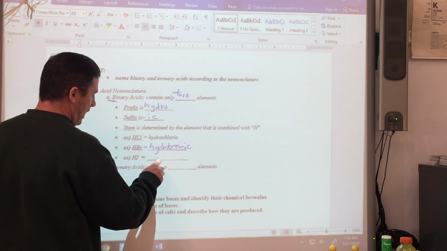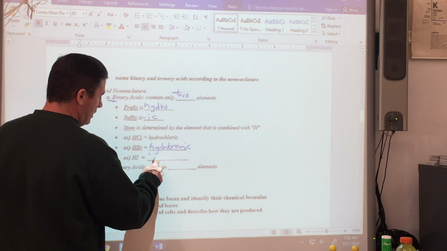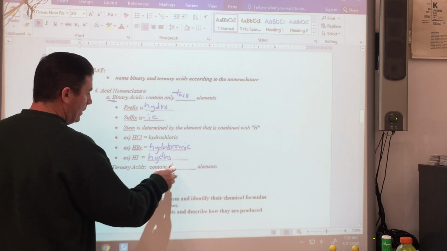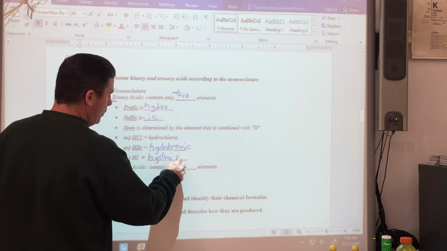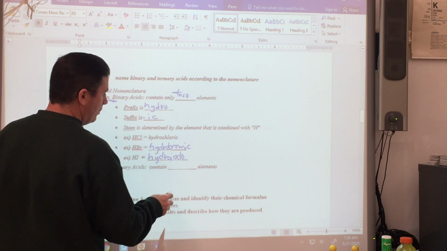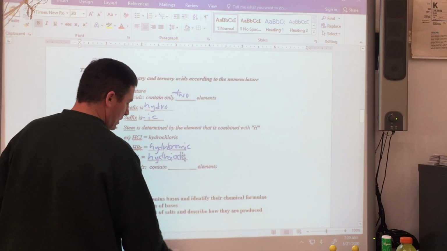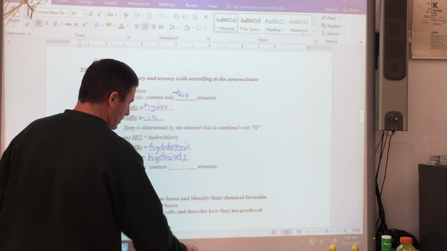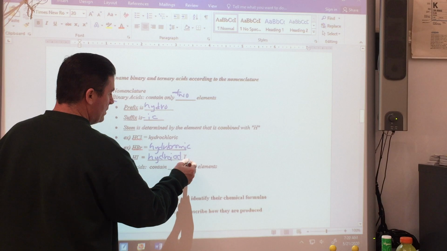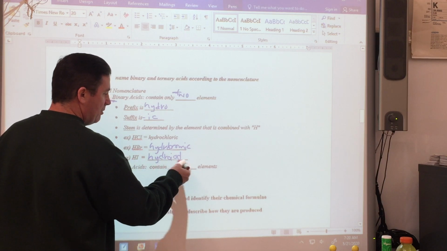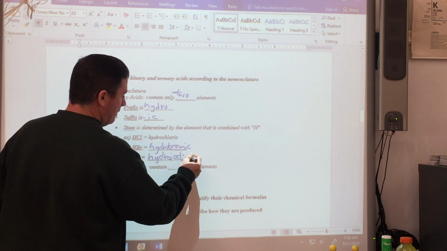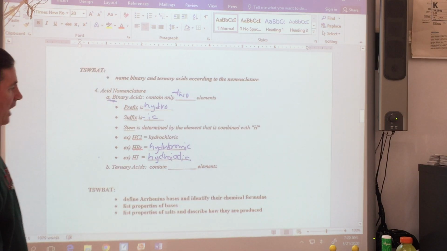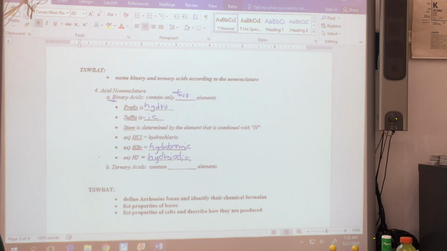How about HI? Same thing, it's going to start with hydro. This is iodine, so iod is the base part, and then ic. Hydroiodic acid.